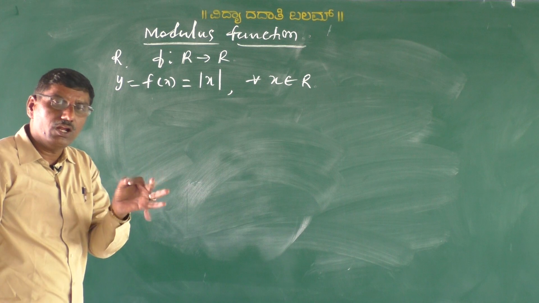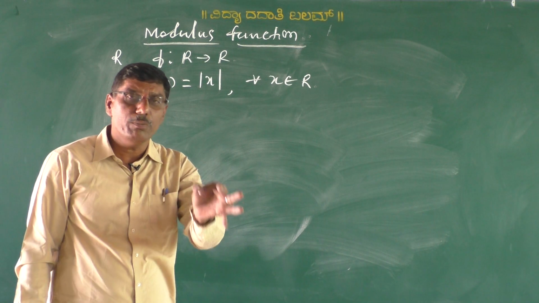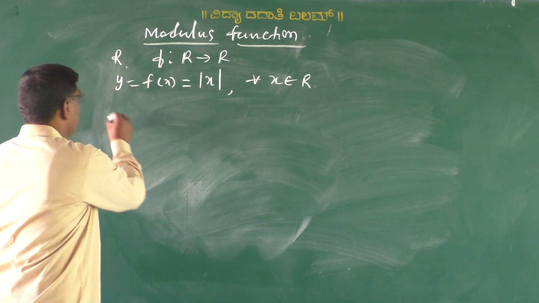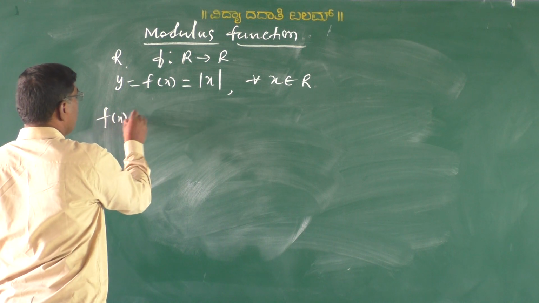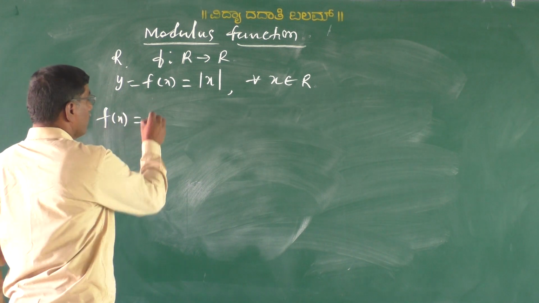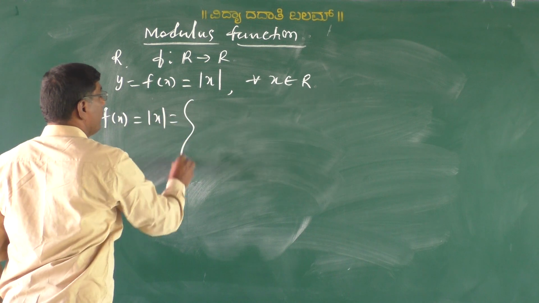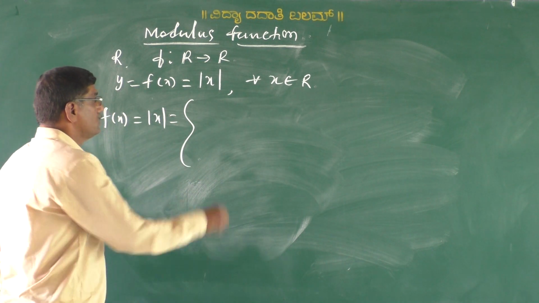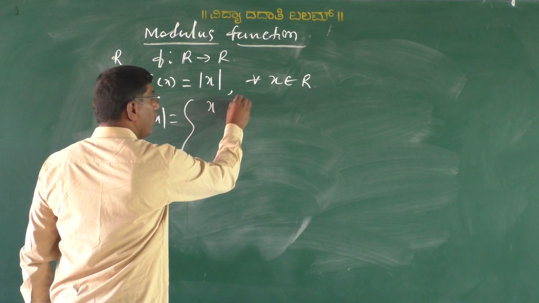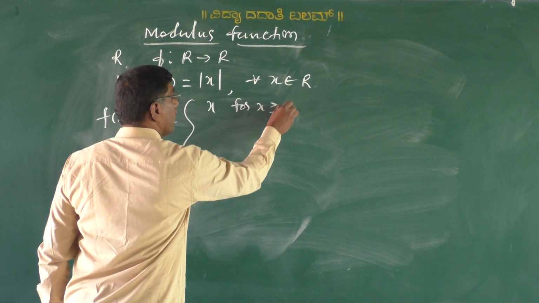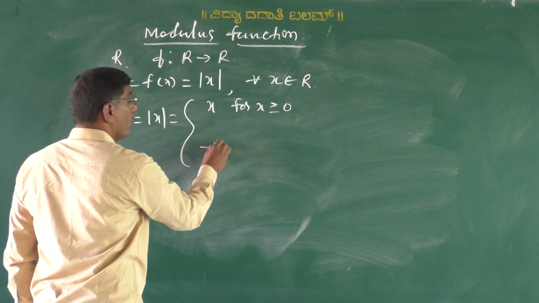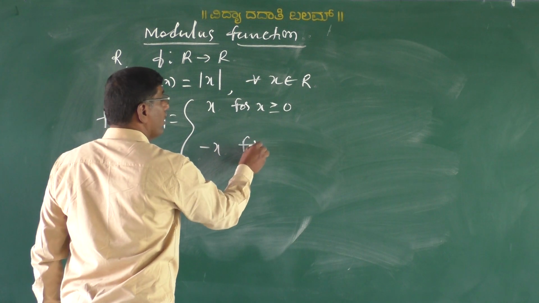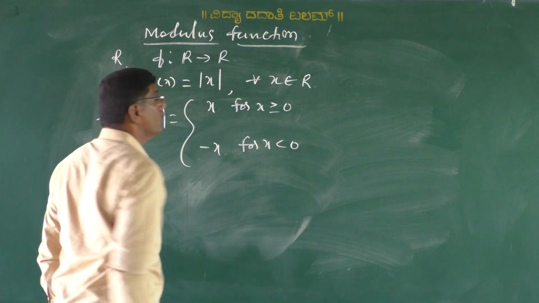This function can also be written as f of x is equal to mod x, which is x for x greater than or equal to 0, and minus x for x less than 0.